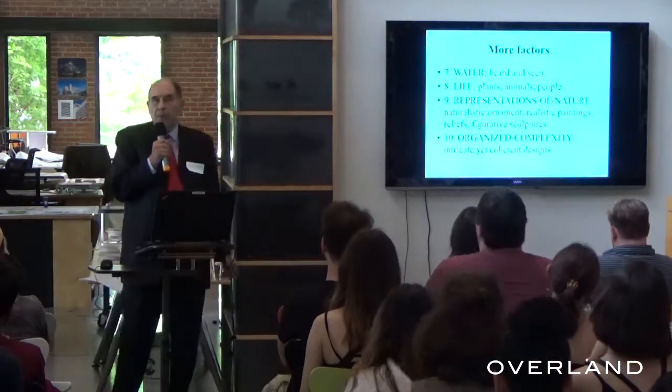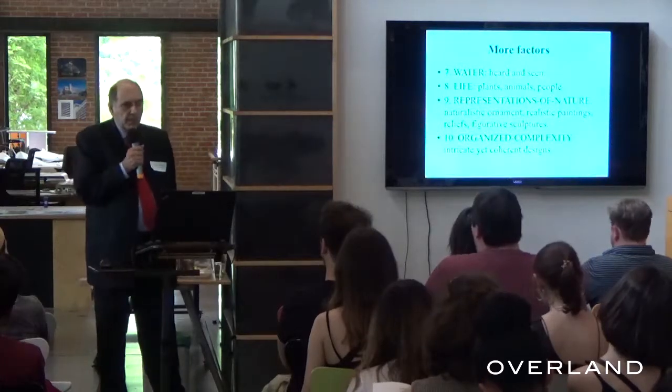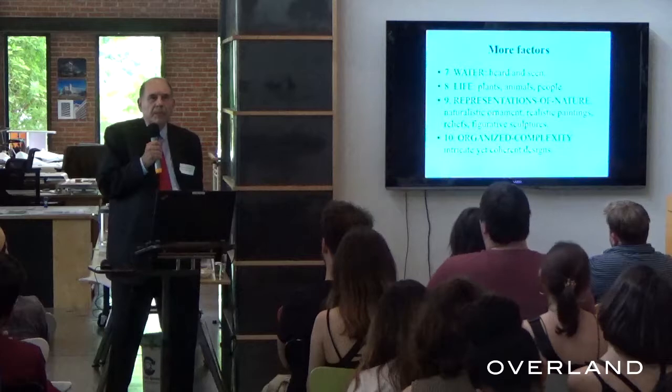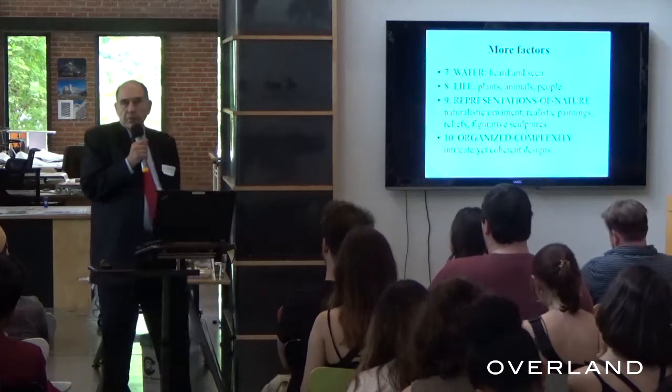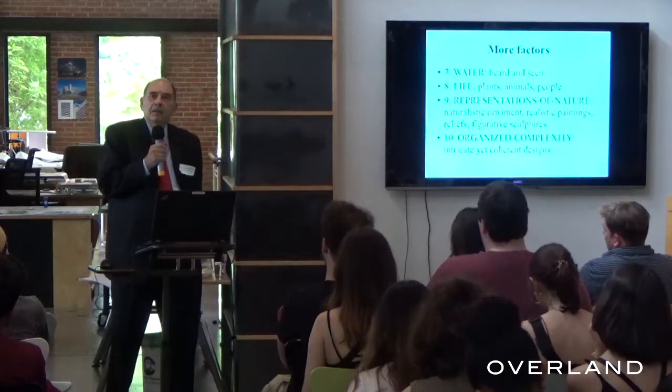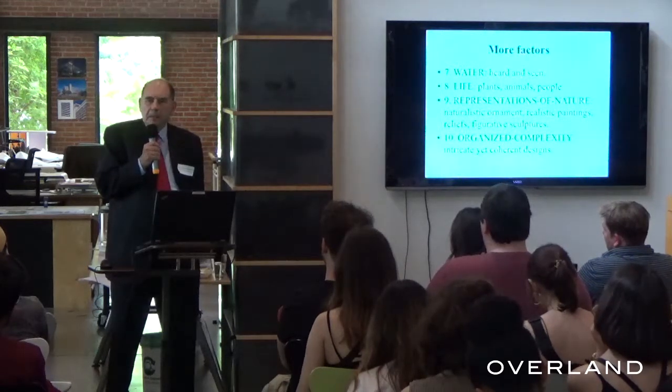Some more factors. Water. We don't understand why we like water, but human beings love water. So there are people writing in Biophilia trying to explain why we like water. There's a premium in Japan.